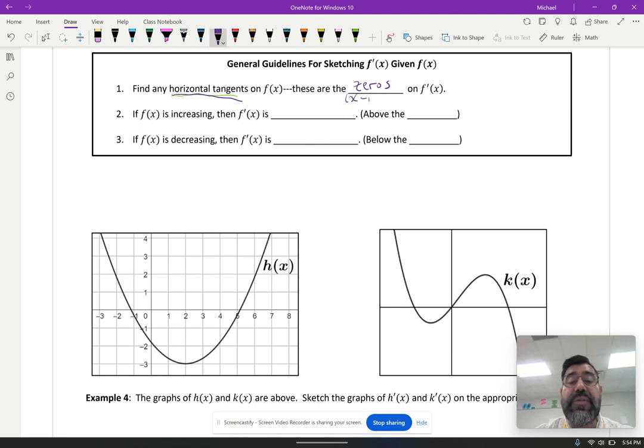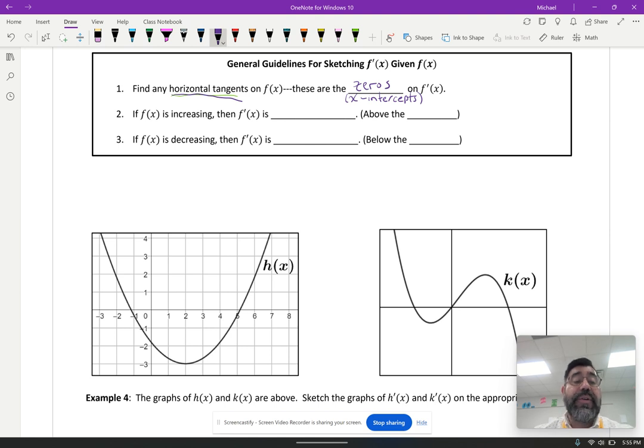Remember, zeros on the graph represent the x-intercepts. So wherever we see a horizontal tangent, usually with a maximum or a minimum, we'll be plotting those points as zeros on the derivative graph.